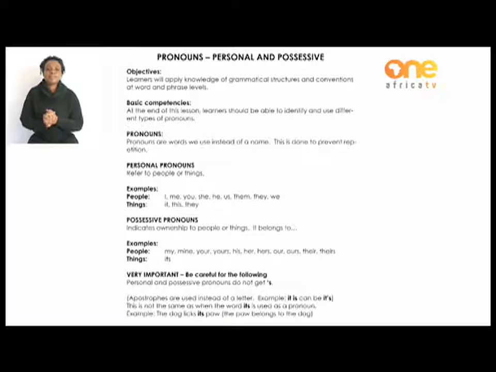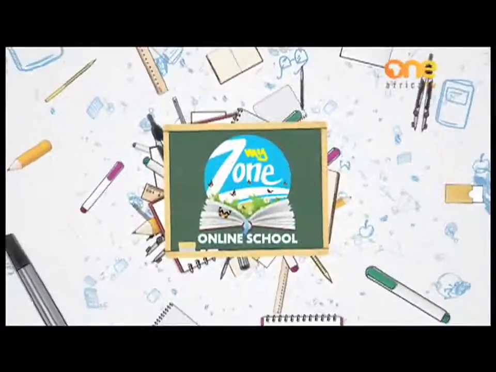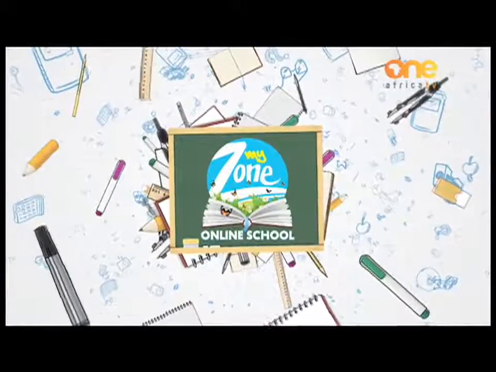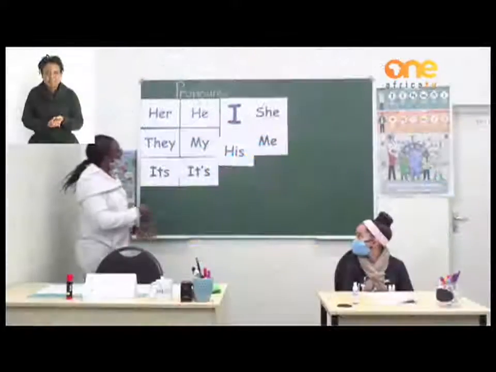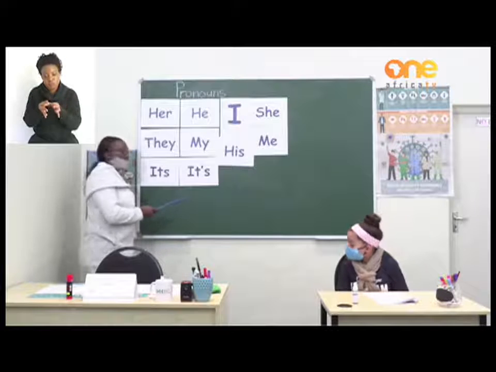Now, very important, I just want to make something very clear because we confuse it's with an apostrophe and its with belonging. Now, let us look on the chalkboard. I'm going to explain the difference between the two.